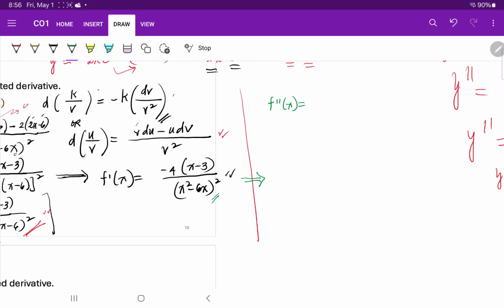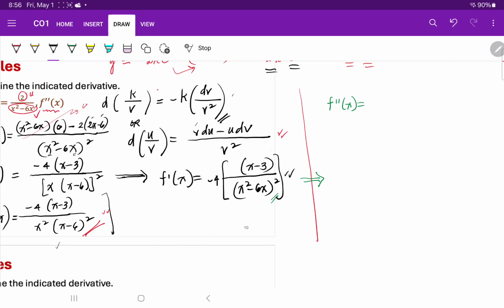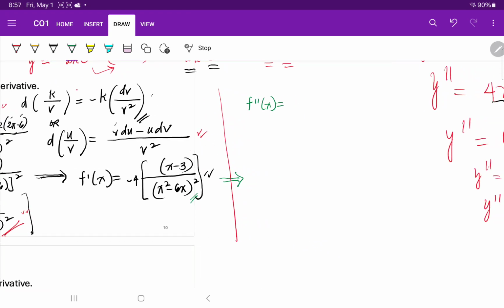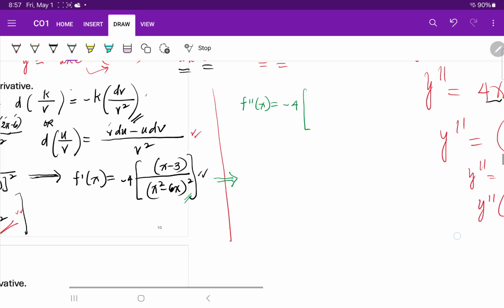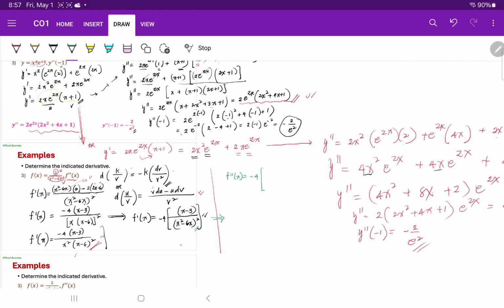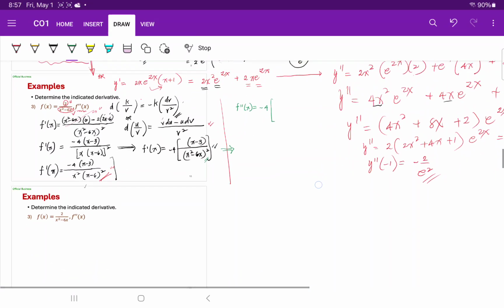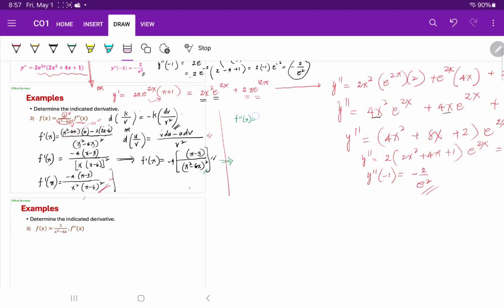We could actually write this first as the negative of 4 times this one. Di ba? So, in finding the derivative, we have to copy the constant first. And then we multiply that. Hold on. Tama pala siya dito. Okay, I think we just have to continue sa baba. Not here.